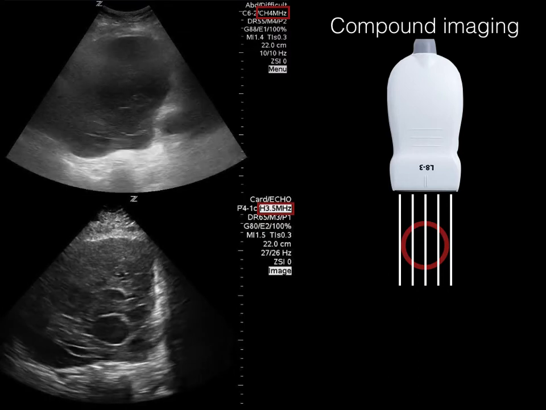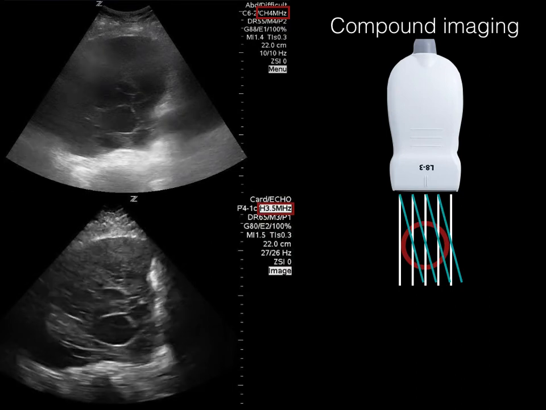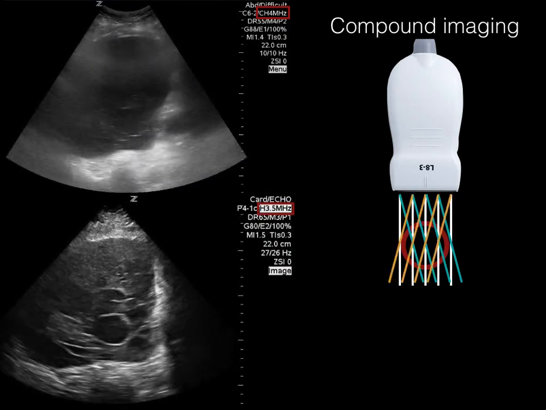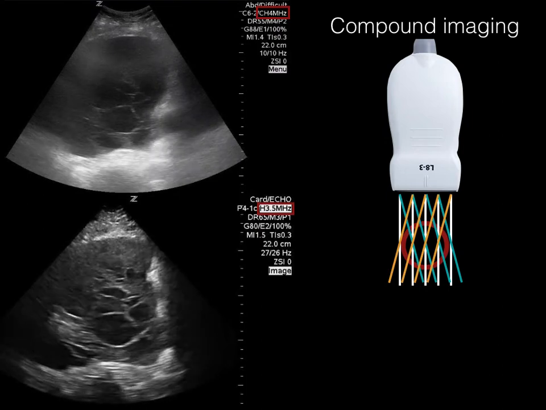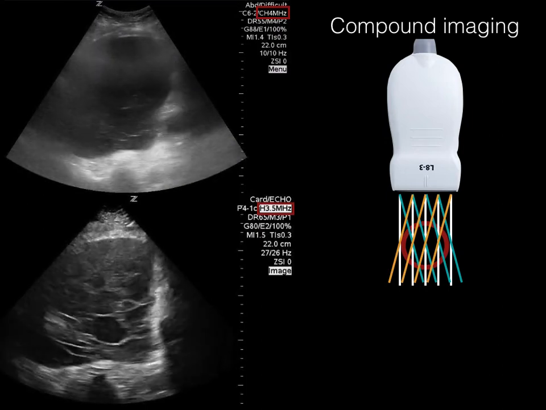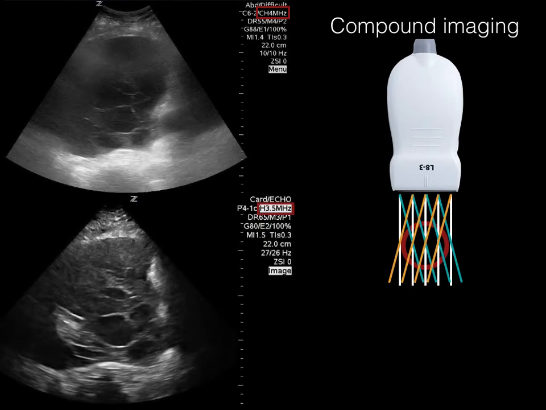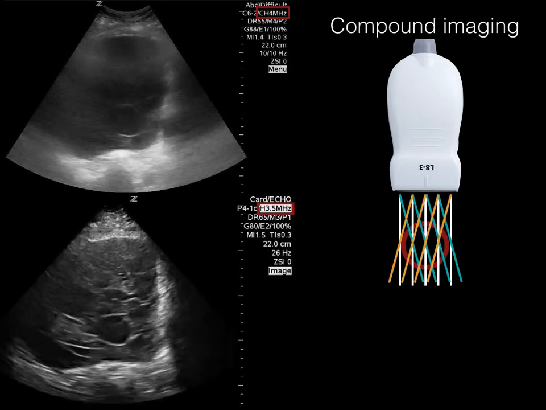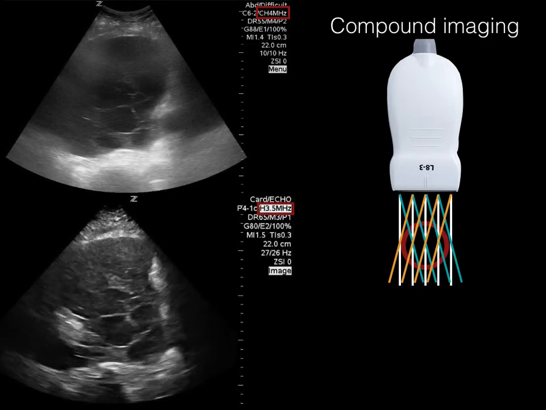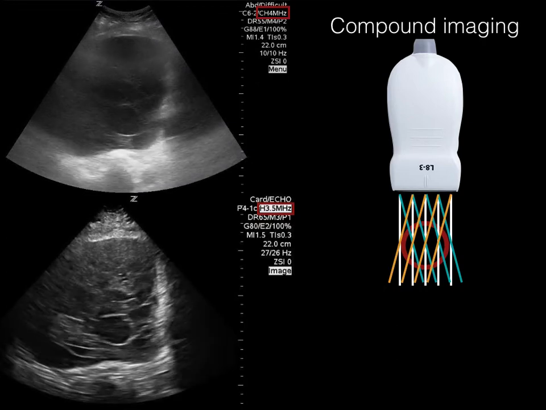When you press the compound imaging button, which we can on some machines, it's also taking sound from this angle as well as this angle, and it's putting it all together to try to make a smoother picture. In doing so, it gets rid of some of the artifacts that we're looking for, and it tries to smooth everything out. Obviously, this takes a little bit more energy as well and a little bit more data inputting.